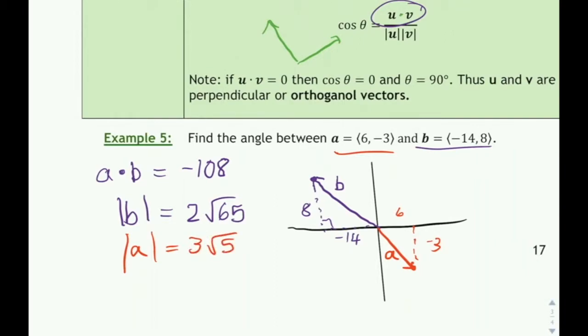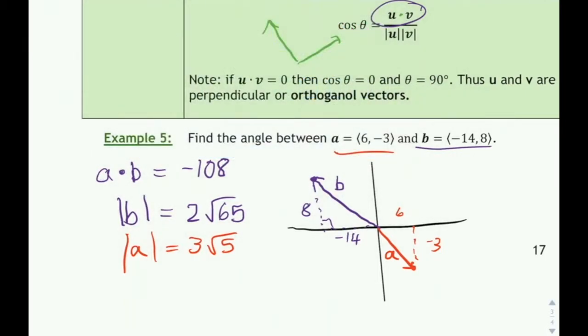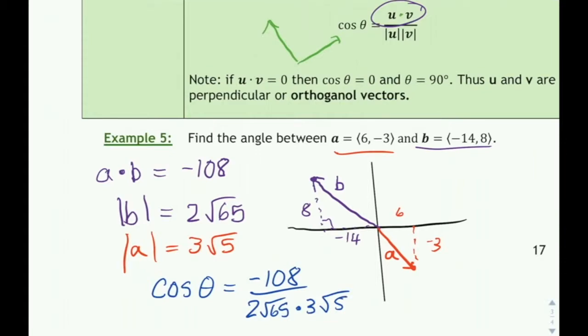So if you plug them into your handy dandy formula, the cosine of the angle between these two vectors, angle theta, is going to be negative 108 over our two magnitudes, square root 65 times 3 square root 5.